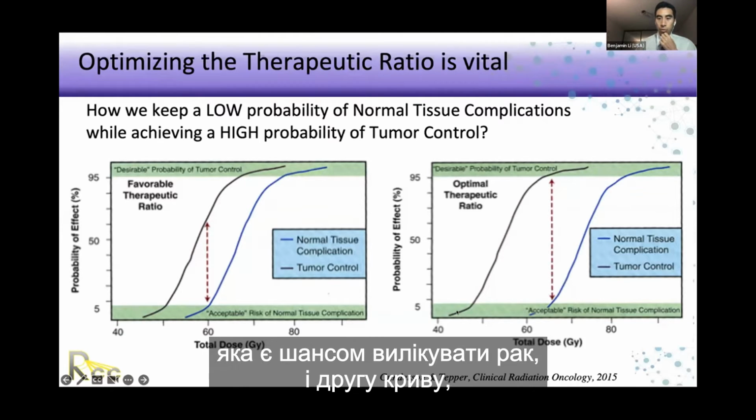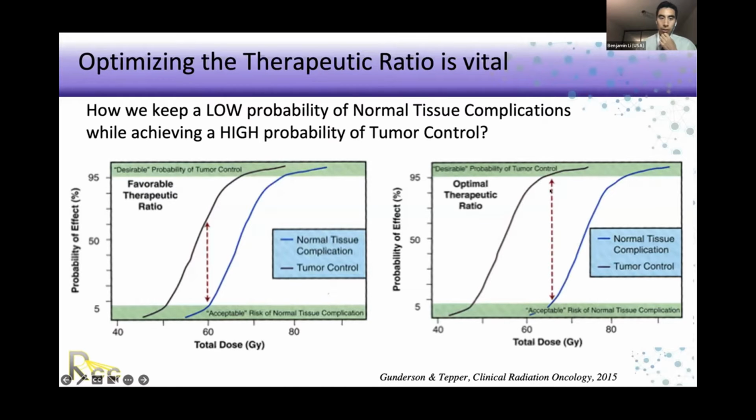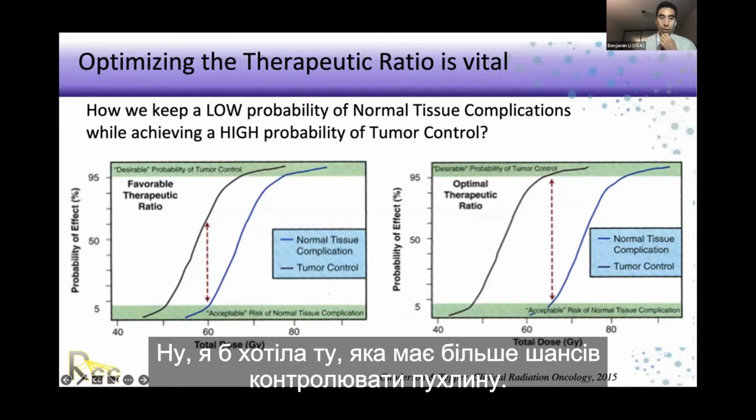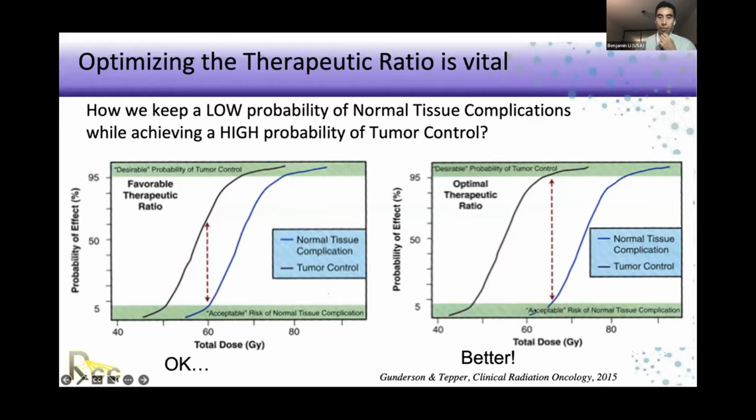And so with therapeutic ratio, I've talked about the first curve, which is chance of curing cancer, and the second curve, which is the chance of normal tissue complications. So which of these two looks better? Well, I would want the one that has a higher chance of controlling the tumor. So this one is okay, but this one is better.